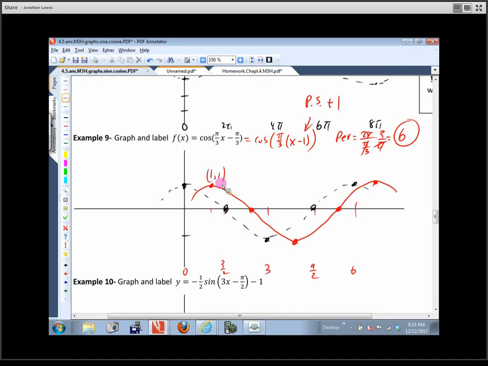I'm only changing the x coordinates at this point. So if that was at 3 halves and I move it over 1, that's going to be 5 halves, 0. If I was at 3 for an x coordinate and I move it over 1, this one's pretty easy. This is 4, -1. If I add another 1 to this, I get 11 halves. Got to be good with fractions. 11 halves, 0. And you label that last point right there.